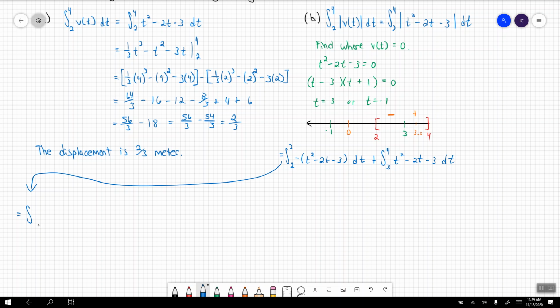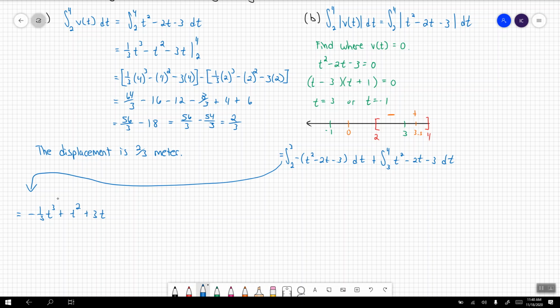I'm now going to start integrating this. The integral from 2 to 3, this is going to be, for negative t squared, negative 1/3 t cubed. Negative distributes. Negative times a negative is positive 2t, so that's going to be plus t squared. Negative times a negative, that's going to be positive 3t.